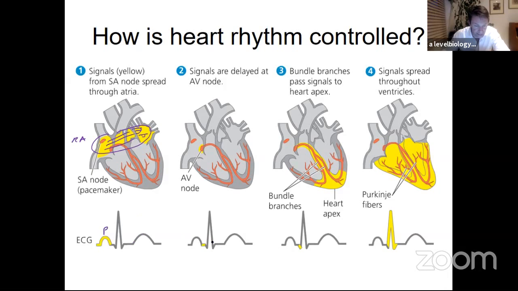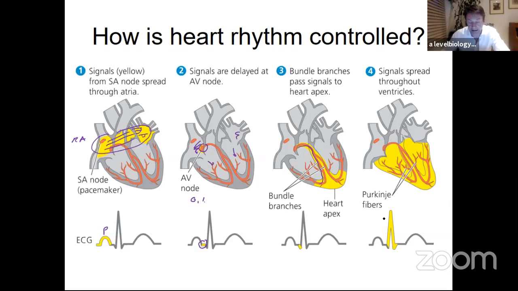Now, this small pause here for 1/10 of a second is the pause at the AVN. Now that enables blood to be pushed from the atria into the ventricle, and then from the AV node it travels down the bundles of His, and then the contraction of the heart starts from the apex.